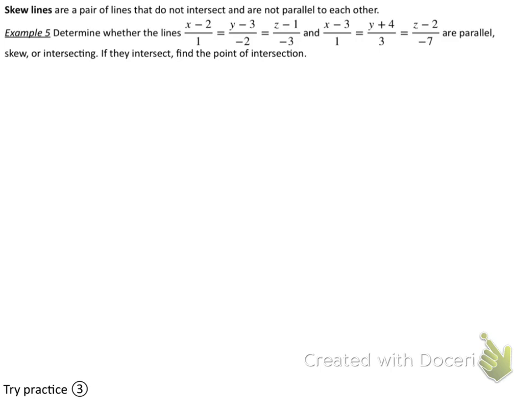Then let's see, our first vector v1 is the denominators 1, -2, -3, and v2 is 1, 3, -7. Now let's see if they are proportional: 1 over 1, -2 over 3, -3 over -7. None of them are the same.